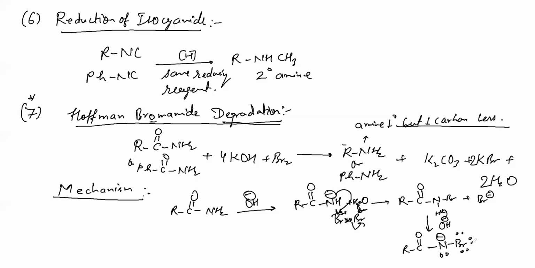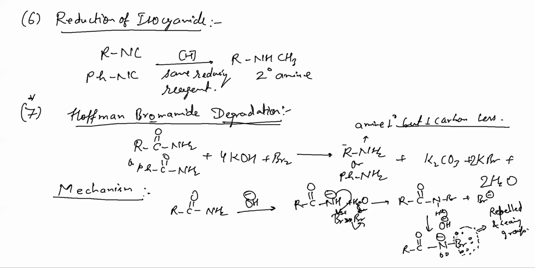Can you tell me? Bromine will face repulsion here or not? It is highly repelled. Why? Because nitrogen is applying repulsion here, and Br is a leaving group also.